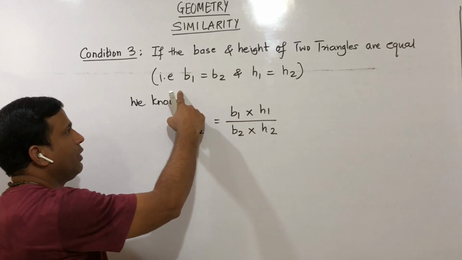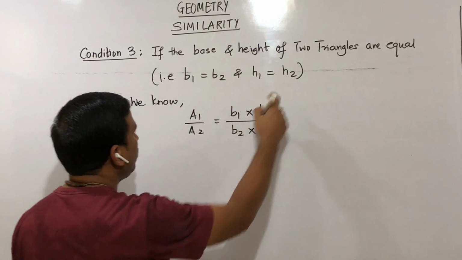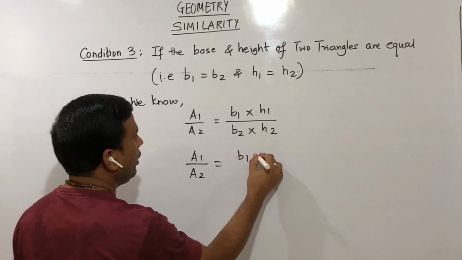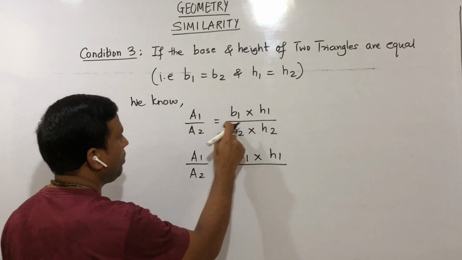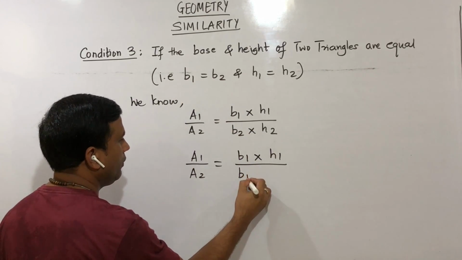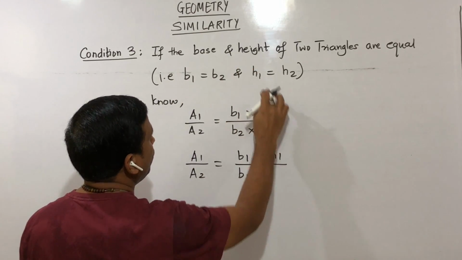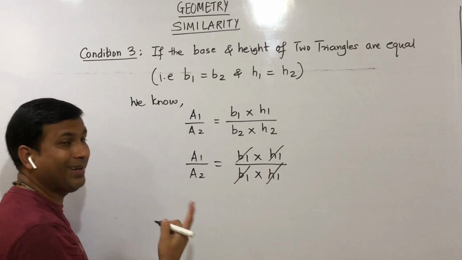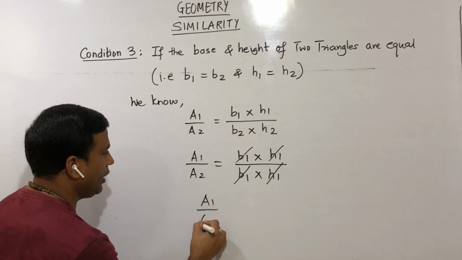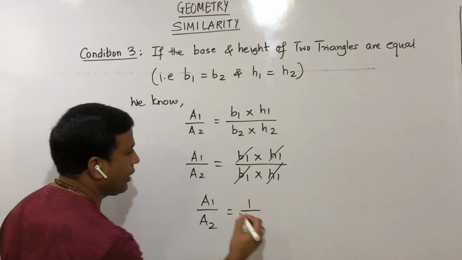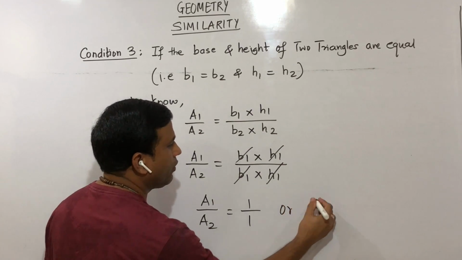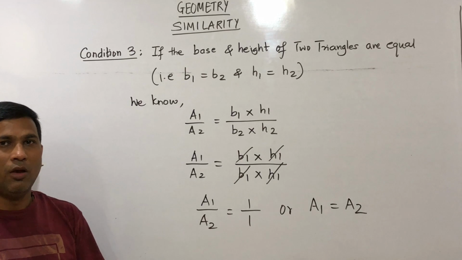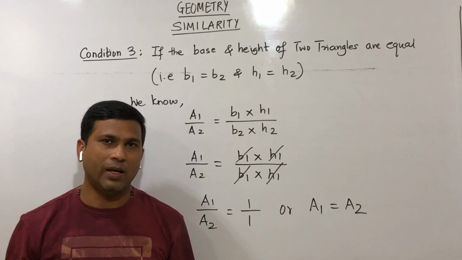Substituting B2 by B1 and H2 by H1, H1 gets cancelled, B1 gets cancelled. So the ratio of areas of two triangles comes to 1 upon 1, or you can write that their areas are equal. So these are the three conditions for the ratio of areas of triangles.